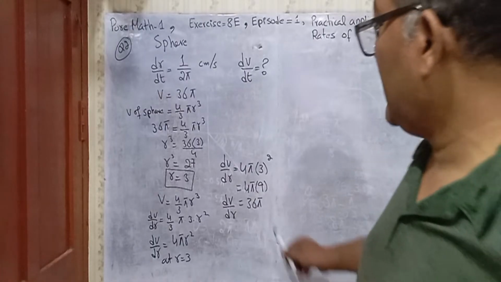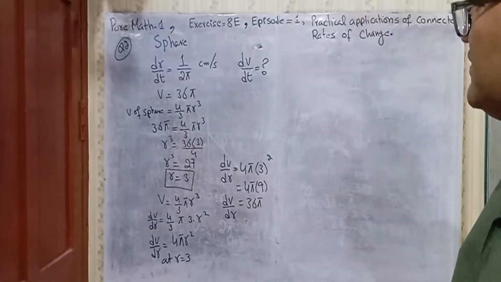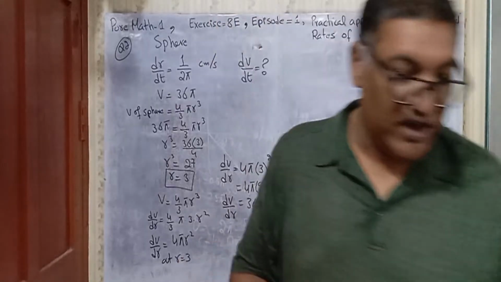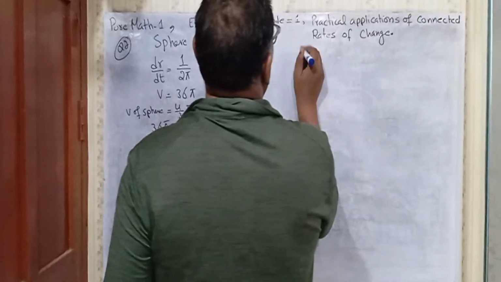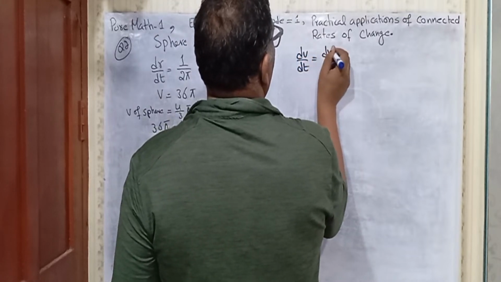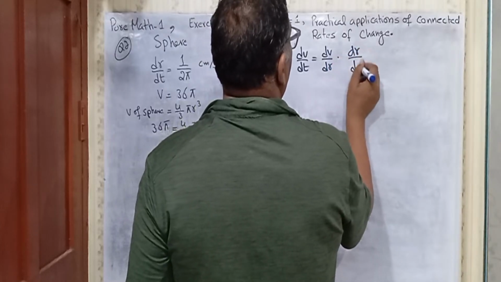At the value of r equals 3, dV/dr is equal to this. Now we will apply the chain rule, because you want to find out dV/dt. According to the chain rule, dV/dt will be equal to dV/dr into dr/dt.